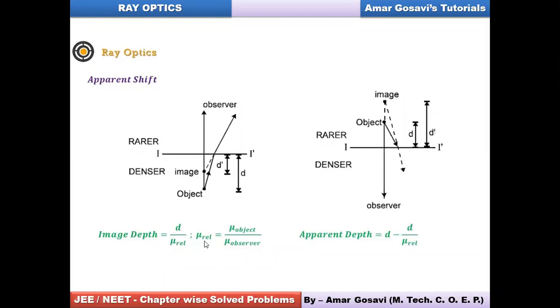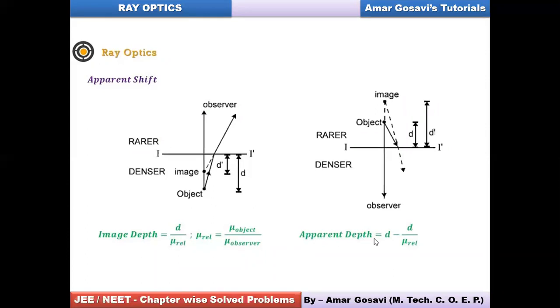Now, relative refractive index is the refractive index of object divided by refractive index of observer. So in the medium where the observer is basically. And refractive index of object means the refractive index of the medium where the object is. Now once you know this, this is the relation between the real depth and image depth.